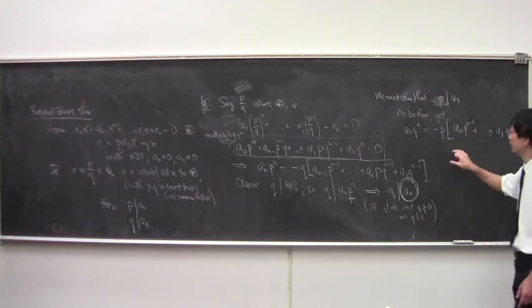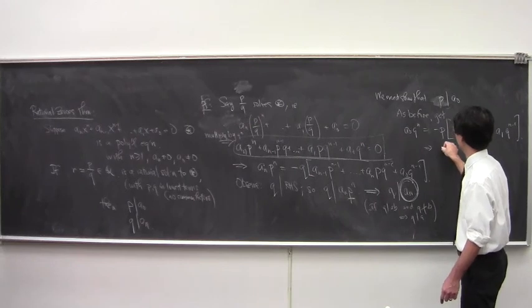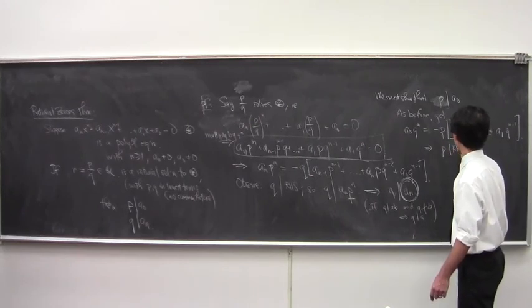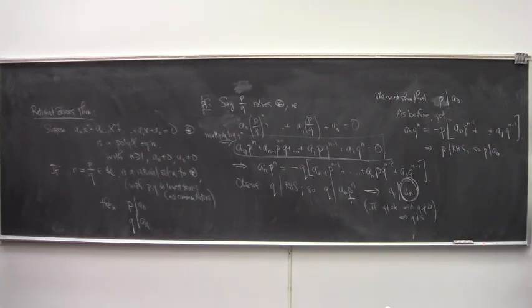Just move everybody involving p to the other side, and you get that p divides the right-hand side, so p divides a naught. So there's a nice symmetry to this argument.